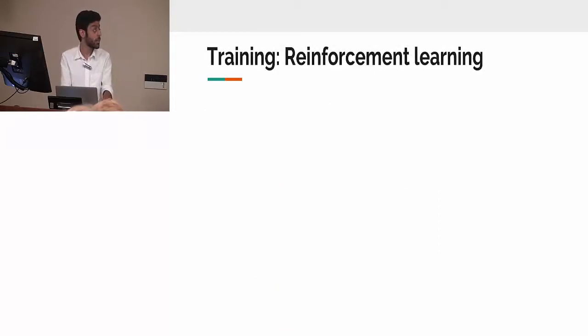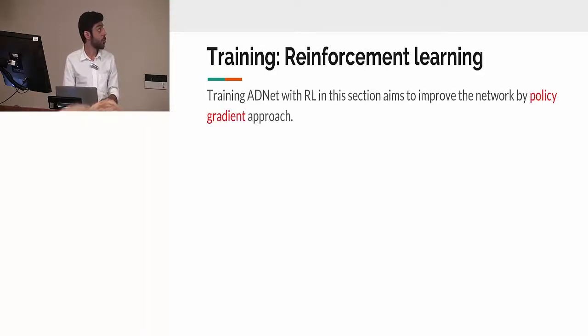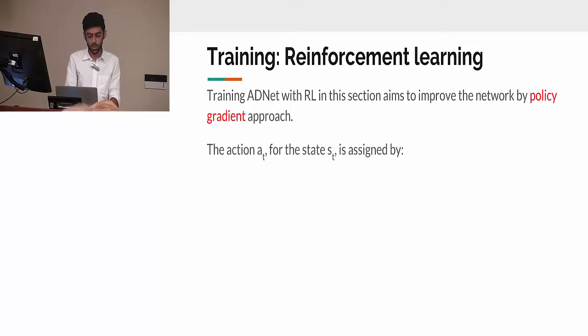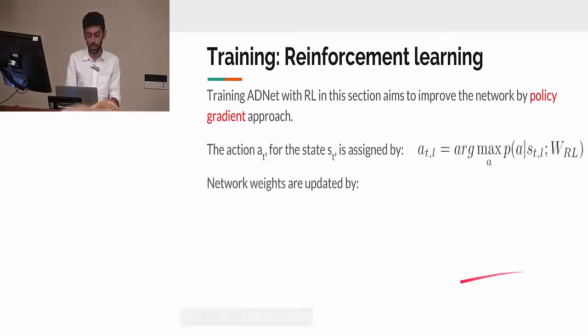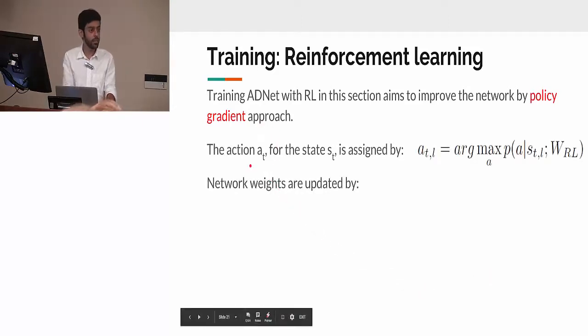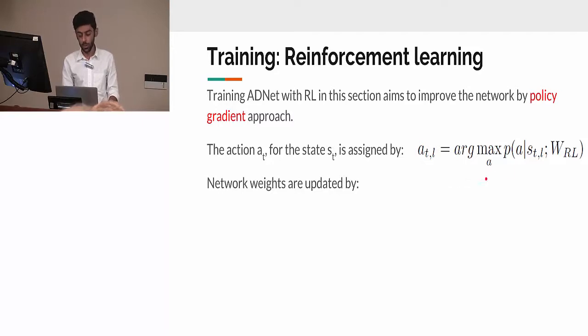This supervised learning here, the weights are going to be the initial weights for refining the training using reinforcement learning by policy gradient. So, which means that action AT here at the current location at state ST is assigned to the network by a conditional probability map, meaning that given the weights of the network at the current step, what is the probability of taking action given the state?